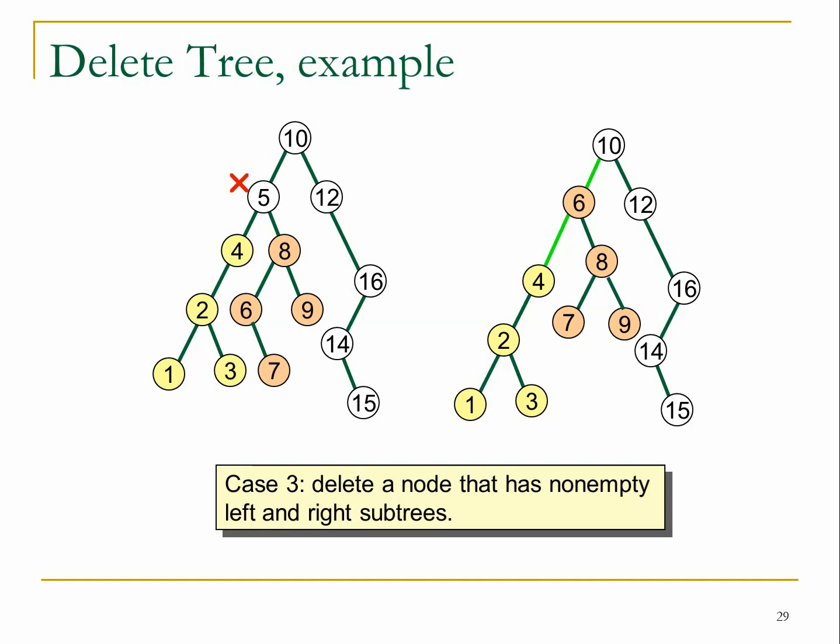Because the definition of minimum is that you keep tracking until you find a node that has no left child. And it cannot be the case 3 deletion. And that is the important observation in our case 3 deletion.